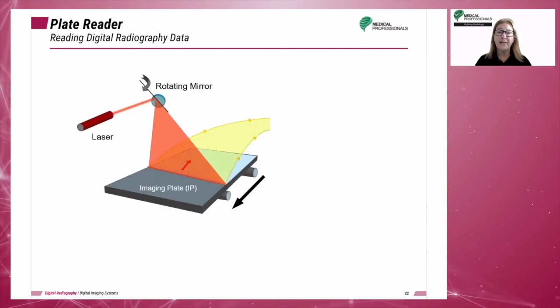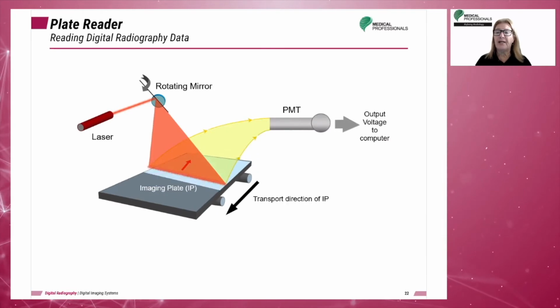The cassette containing the imaging plate is inserted into the plate reader, and the imaging plate is removed by the drive mechanism. The drive mechanism slowly moves the plate through the reader.